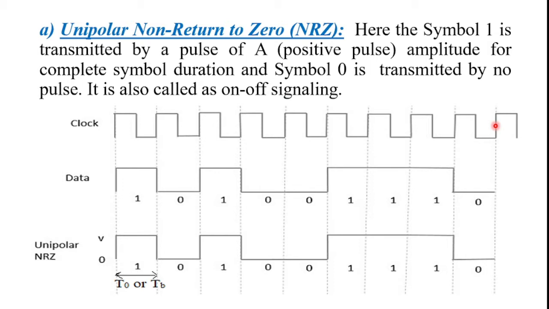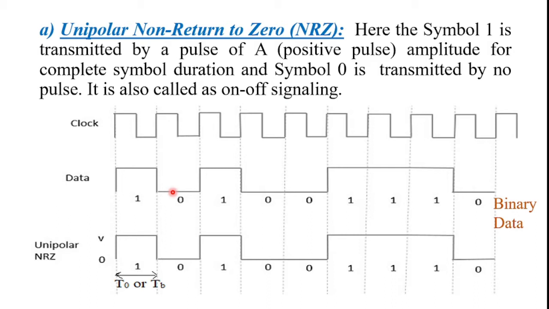This is the data signal, and this is the binary data sequence, 1 0 1 0 0 1 1 1 0. In this binary data, one indicates high in data and 0 indicates low in data. So what is unipolar non-return to zero? A high in data is represented by a positive pulse.